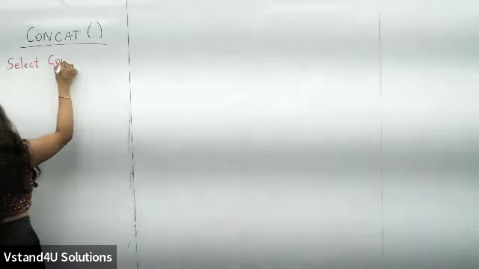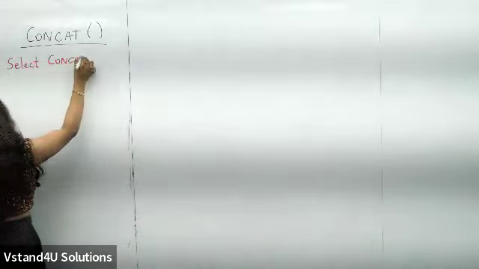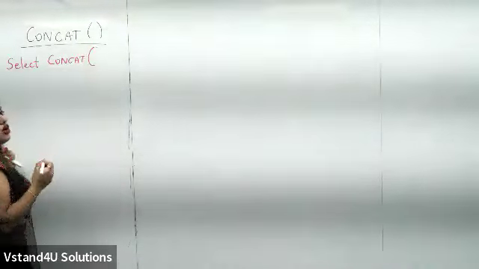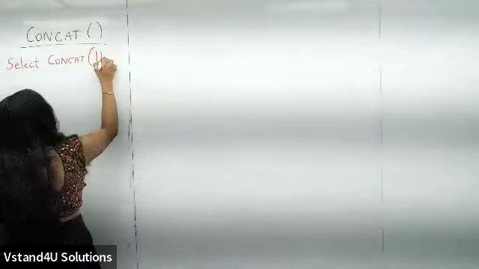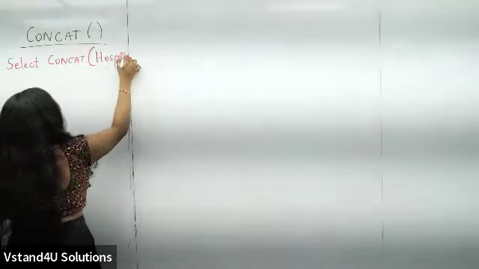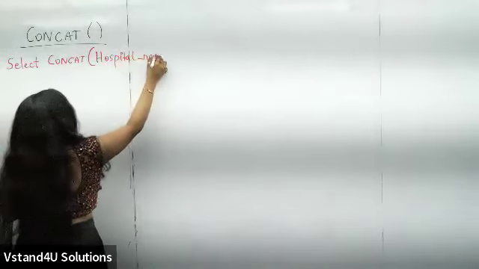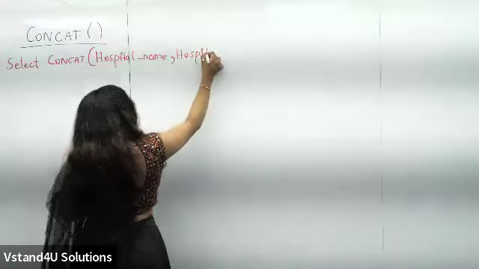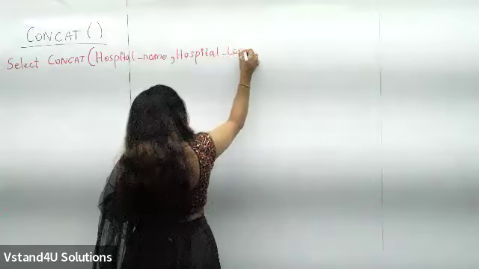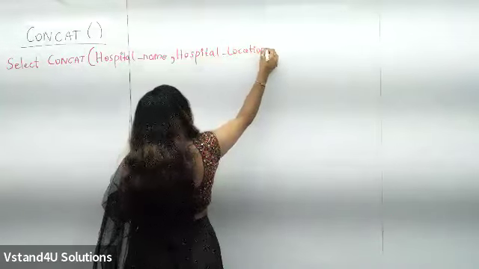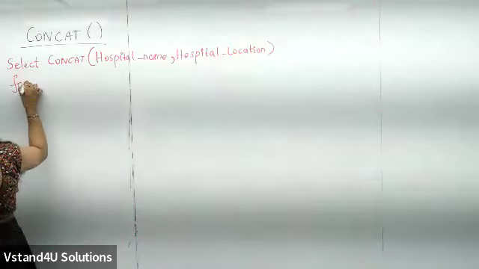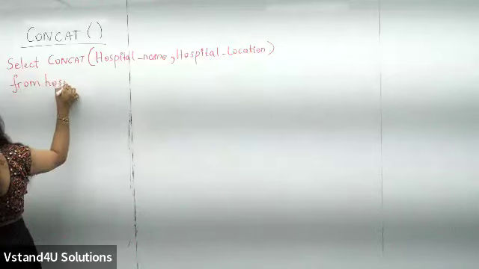So you will just write concat. And what are the two columns you're supposed to concat? Hospital name, comma, hospital location. From which table? From the table called hospital. Correct?